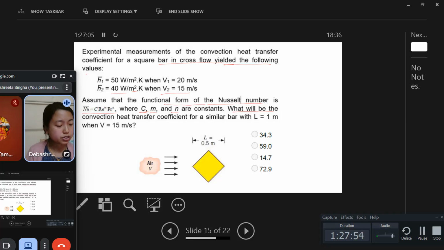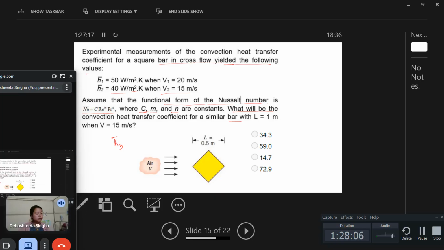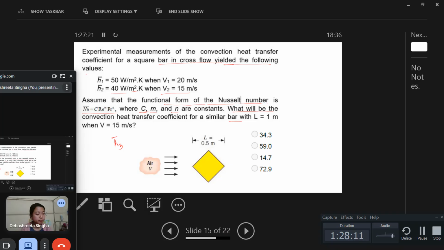What will be the convection heat transfer coefficient h3 for a similar bar with L equal to 1 meter when V is 15 meters per second?